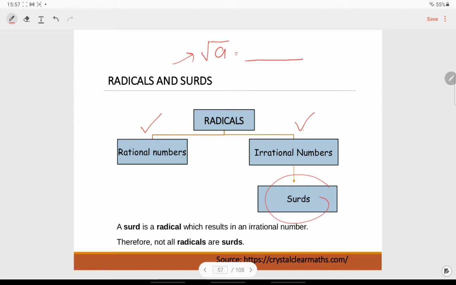So basically a surd is a radical which results in an irrational number, that means in decimal form it is an irrational number, so we call it a surd. Therefore, not all radicals are surds, but all surds are radicals.